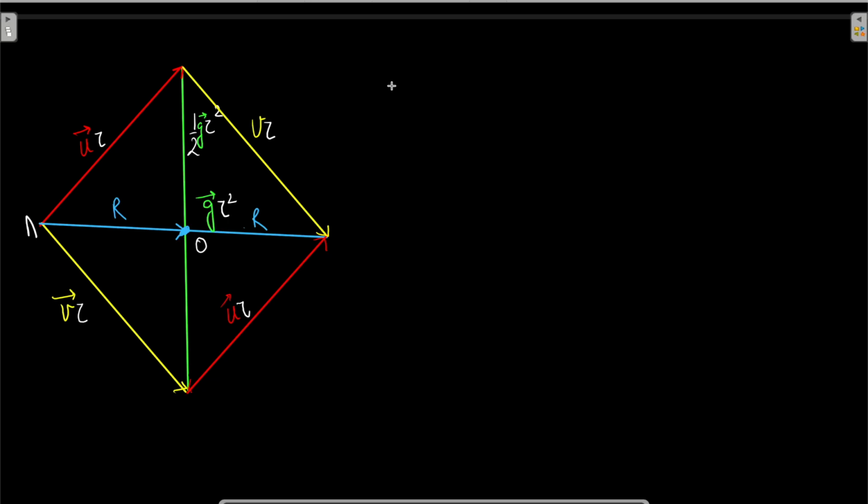So u vector cross v vector should be equal to half into this diagonal and this diagonal. This complete green thing is g tau square. Half is half g tau square, half other g tau square. So both of them will combine to give g tau square, and these two will combine to give 2r.